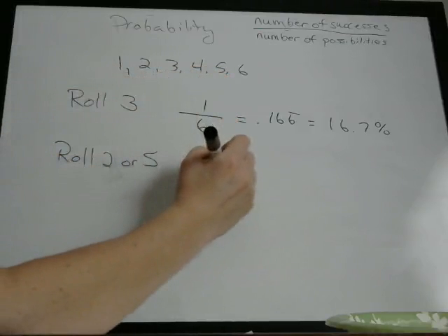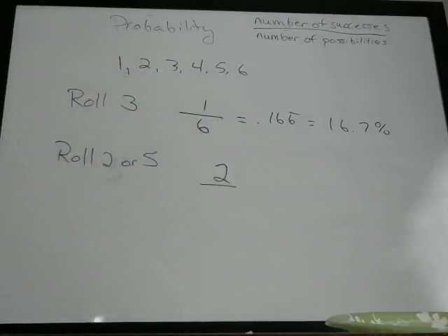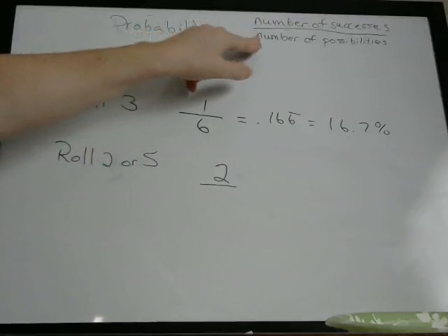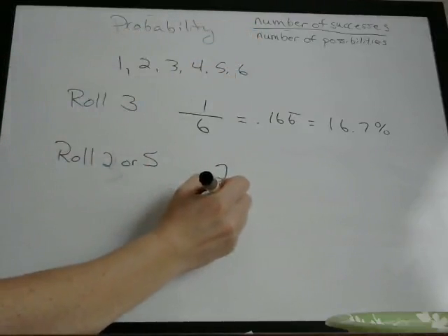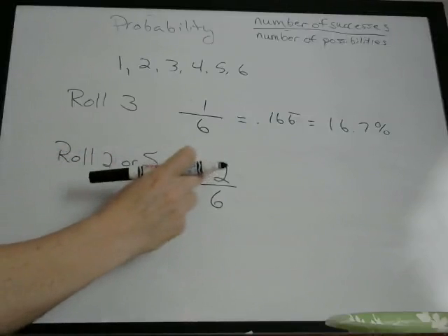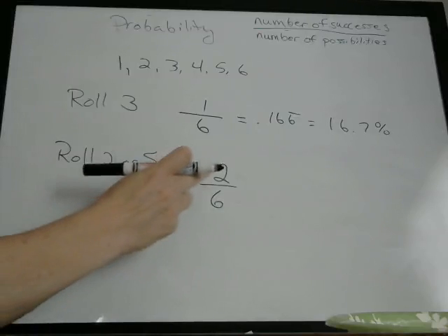So our number of successes is 2 possibilities of having a success. We can get a 2 or we can get a 5. The number of possibilities for what we roll, again, we can get a 1, 2, 3, 4, 5, or 6. So there's 6 different numbers that we could get, but if we get a 2 or a 5, we're going to have a success. So there's 2 numbers that we will consider successful. So we have 2 over 6.